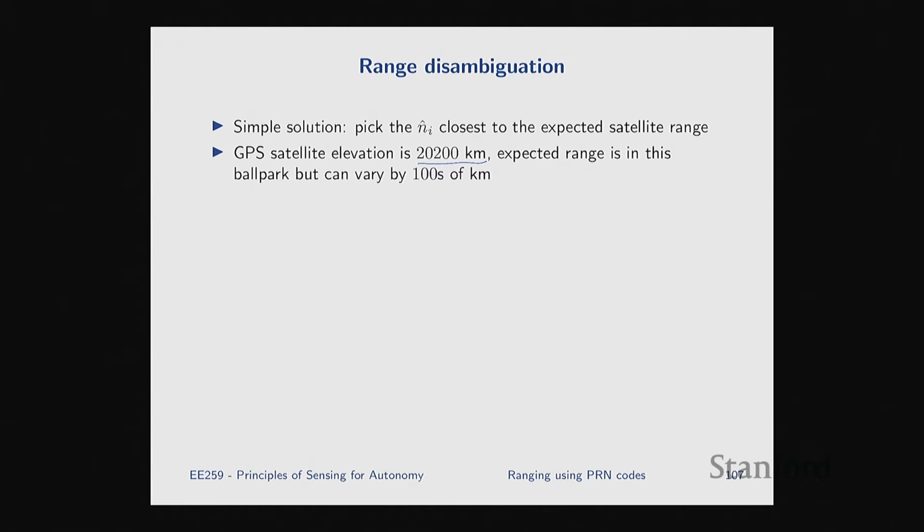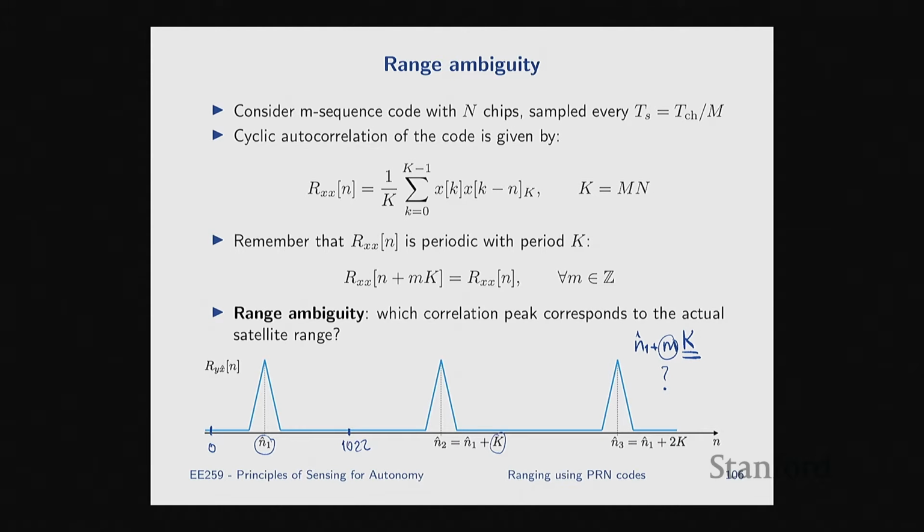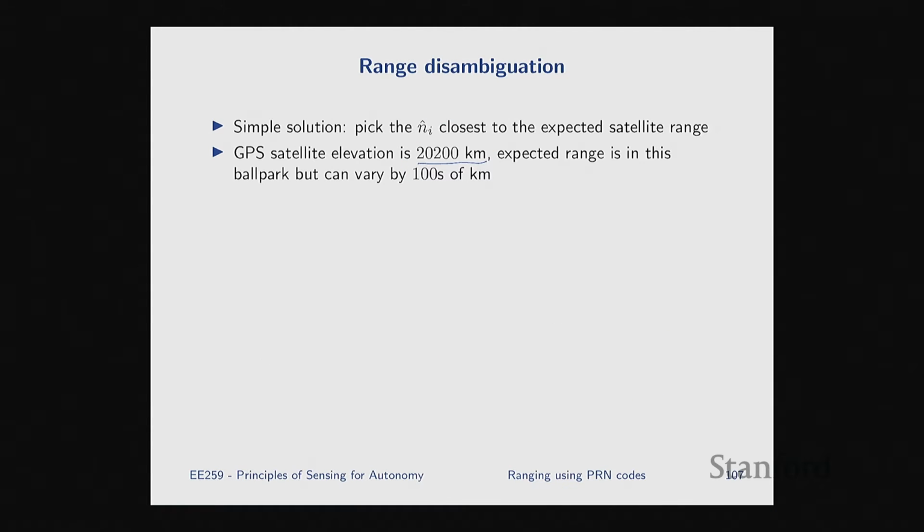In order to see what we can do, we need to know what the delta range is from one peak to the next, and whether that is large or small compared to this number. If it's very large, then only one of the peaks would be very close to this number. So let's calculate that. The range variation, delta R, is c times delta tau. The delta tau we are talking about is between two adjacent peaks in this extended correlation function.